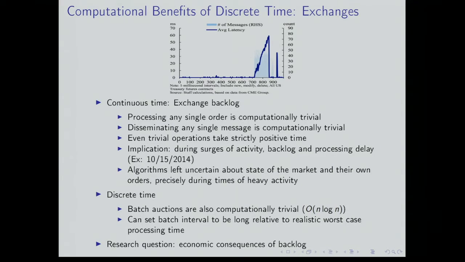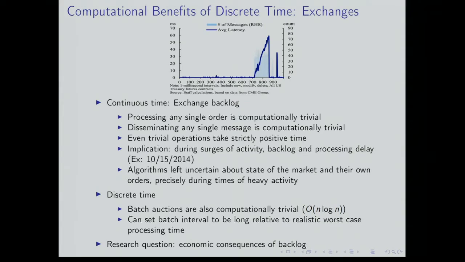So let me go through the computational benefits for exchanges. In continuous time, exchanges face a problem of backlog. Processing any single order is computationally trivial. Disseminating a message is computationally trivial. But trivial operations take non-zero time. You don't need to be a computer scientist to know that.